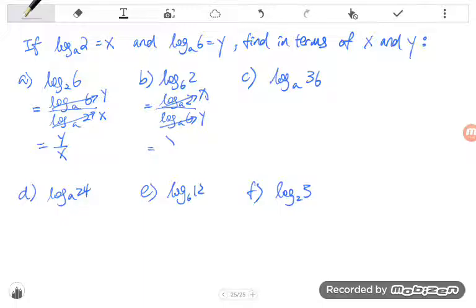So it becomes x over y. All right. What else? That's it. Now for part C, I can break this down as log 36 to the base of a over log a to the base of a. Yeah?